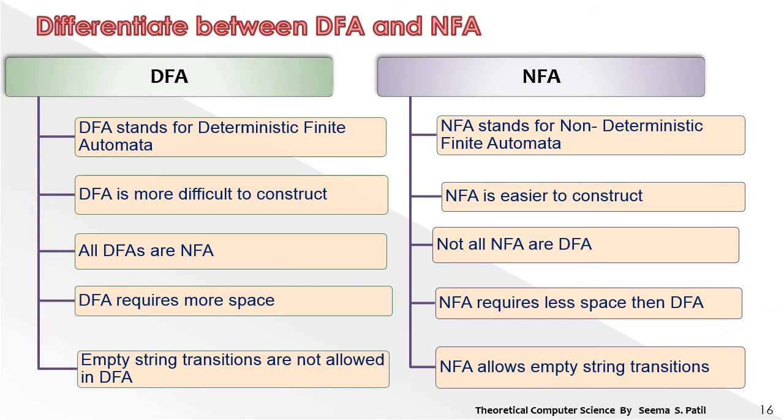Differentiate between DFA and NFA. DFA means deterministic finite automata and NFA means non-deterministic finite automata. As you have seen, DFAs are more difficult to construct and NFAs are easier, simpler to construct. Third point is all DFAs are NFAs. You can remember in this way. Suppose this is a diagram.